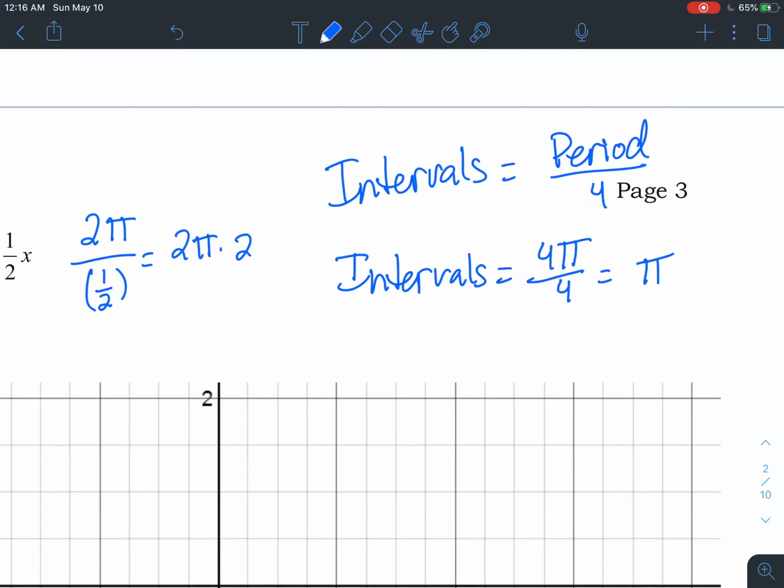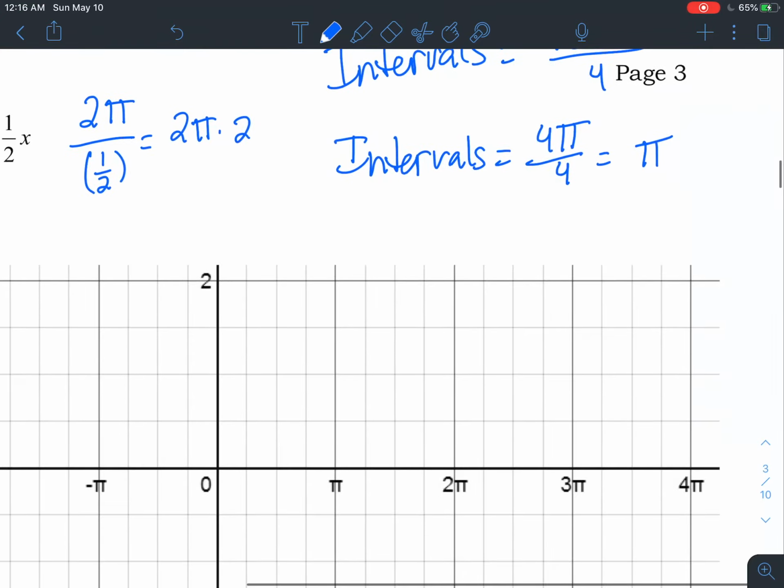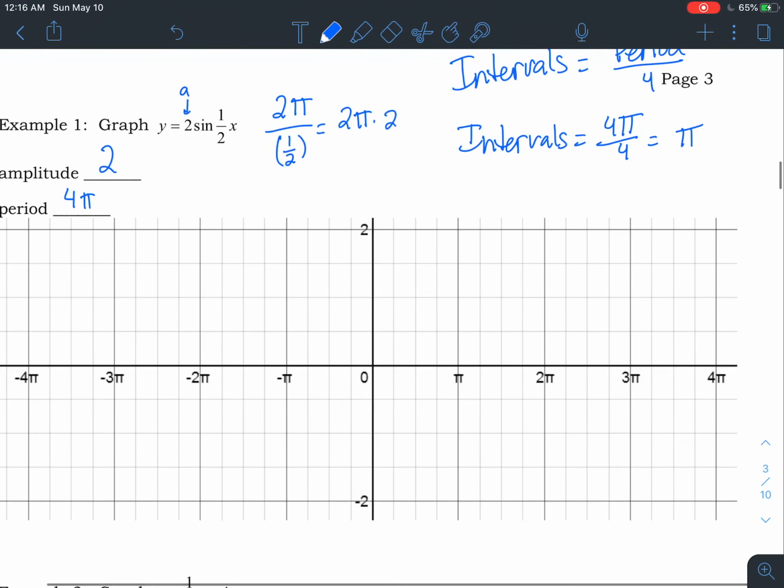So every time I go from 0 to 1, in this case because it's sine, we start at 0. By the time I get up to positive 2, that should happen at pi. And then when I go back down to 0, that should happen at 2 pi. So here again, we'll go ahead and 0, 0, since it's sine, that's where it starts. I'm going up to 2, because that's my new amplitude.